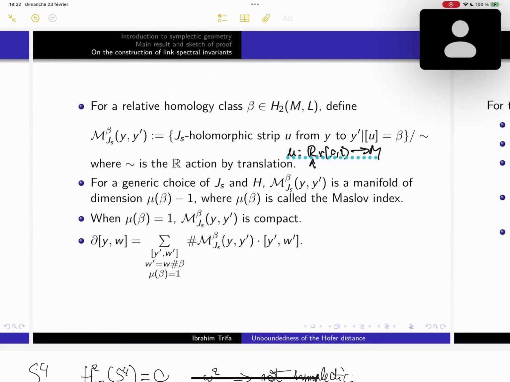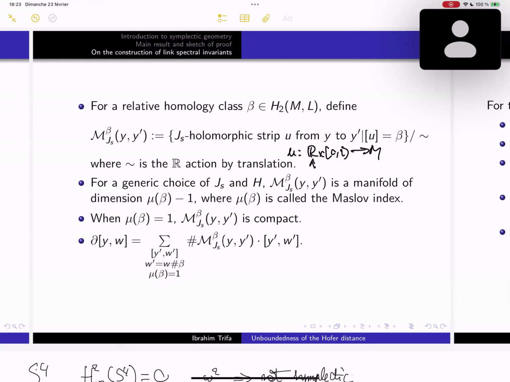Now we claim, and this is an important theorem by Floer in the late 80s, that if you take a generic choice of almost complex structure and Hamiltonian function, then this moduli space is a smooth manifold of dimension mu(beta) minus 1, where mu(beta) is what we call the Maslov index.